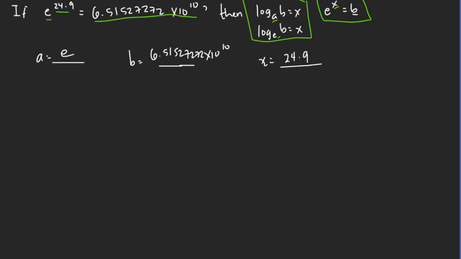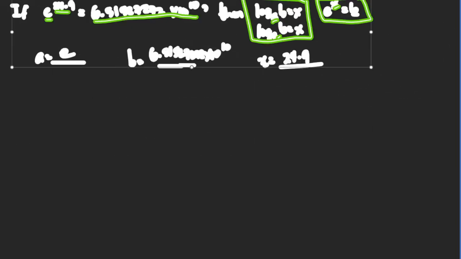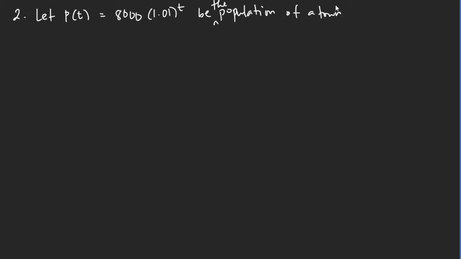Let's proceed to question number 2. Okay, for question number 2, we are given a word problem. Let the function P of t equal 8,000 times 1.01 raised to t be the population of a town in t years after the year 2000.